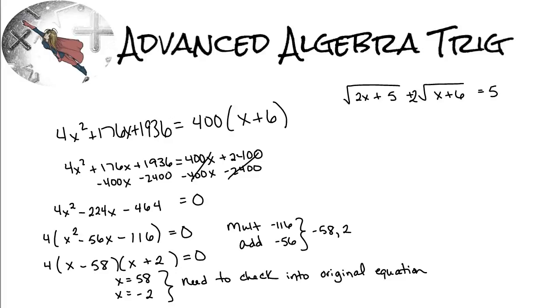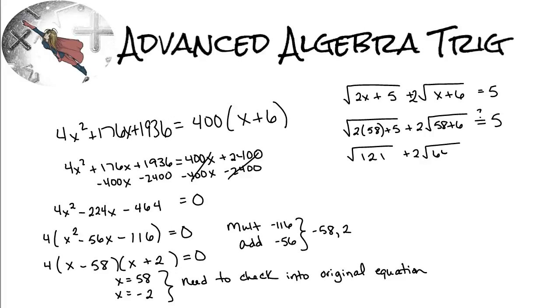Okay, so let's just see if our answers work. So positive 58. If I plug that in, and you know, you don't have to write this down on paper when you do it. You could just plug it into a calculator and see if it works out. But I'm just going to show you the work. We're wondering if that really does equal 5. So we know this radical, when you do the multiplying and everything, it's 121.